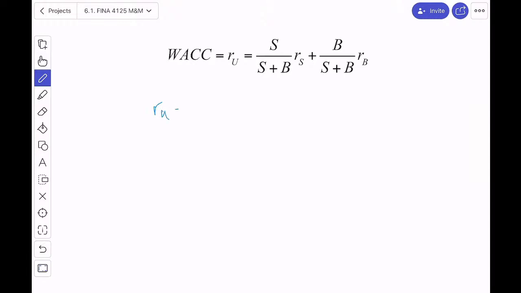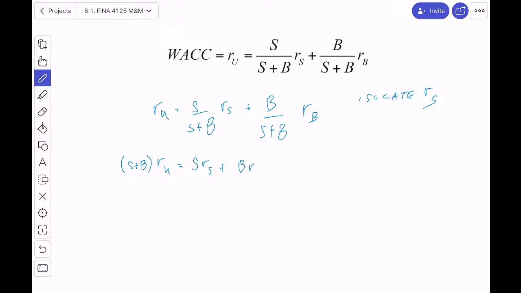So I want to solve for, isolate RS. I don't know if I'm doing this the long way.